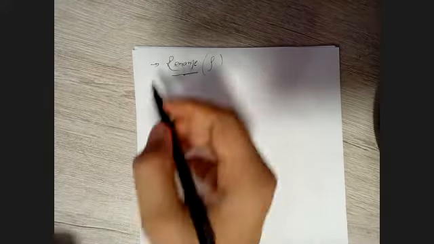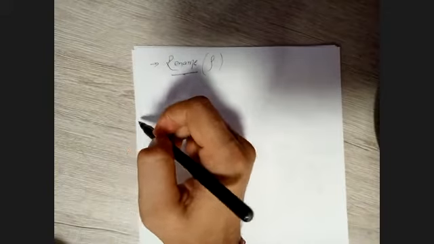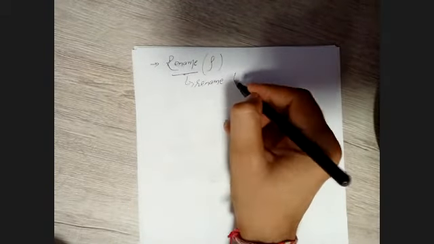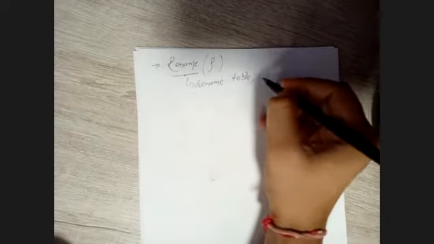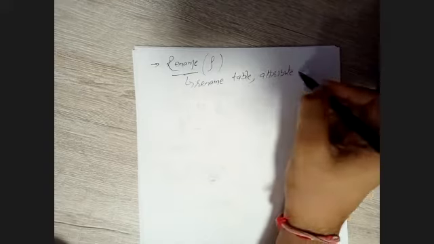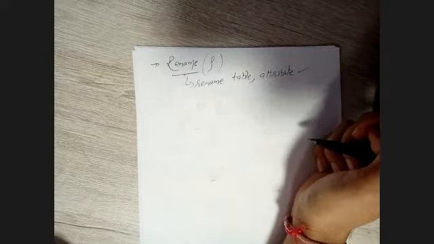So as the name says, what is the use of this operator? We use this operator to rename either your table or your attribute as well. We can rename both table and attribute.